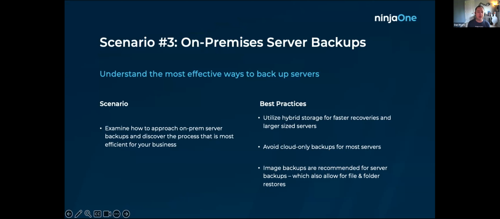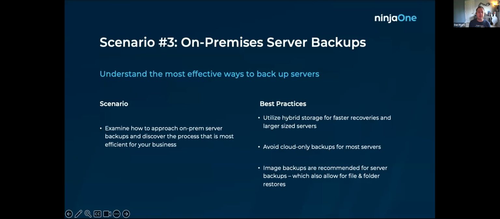So I can't stress enough how important it is to have both a local and a cloud version of your backups. We all know the 3-2-1 backup strategy. And I think it's really important to remind people that, with everything being cloud available, you still need to make sure that you're protecting yourselves and your clients and your other departments' best interests by making sure you have a copy available.